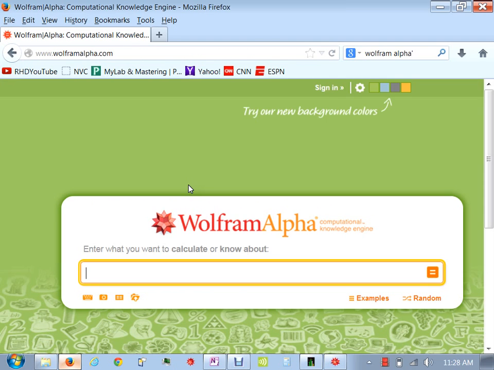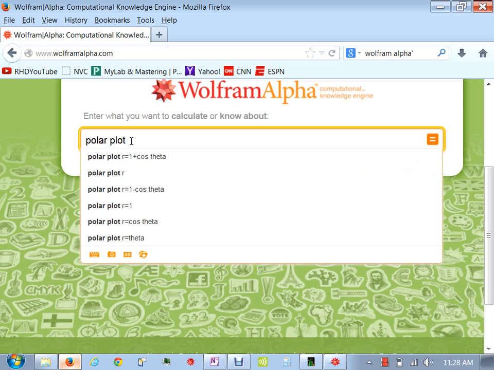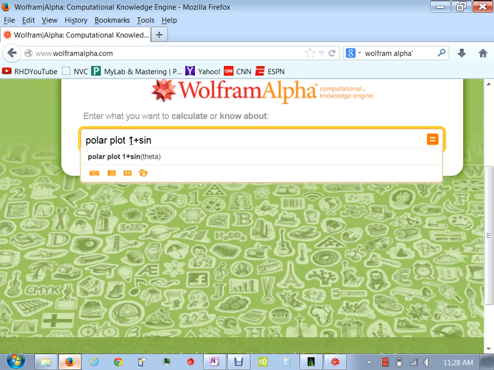Come on, let's go. Okay, so let's plot. Let's do that one that we just did, the cardioid. I'm going to say polar plot, 1 plus sine, and I guess I'll put theta in here, but I don't know.